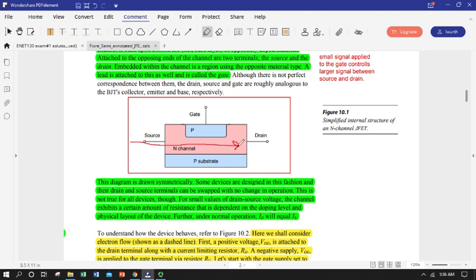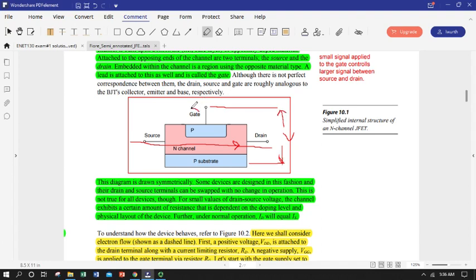This would be analogous to our collector emitter current. We're going to control that by putting a voltage signal, V signal, between the gate and the substrate.